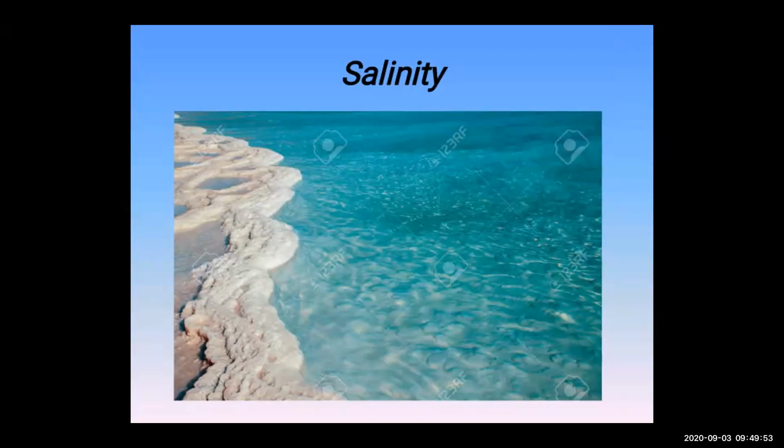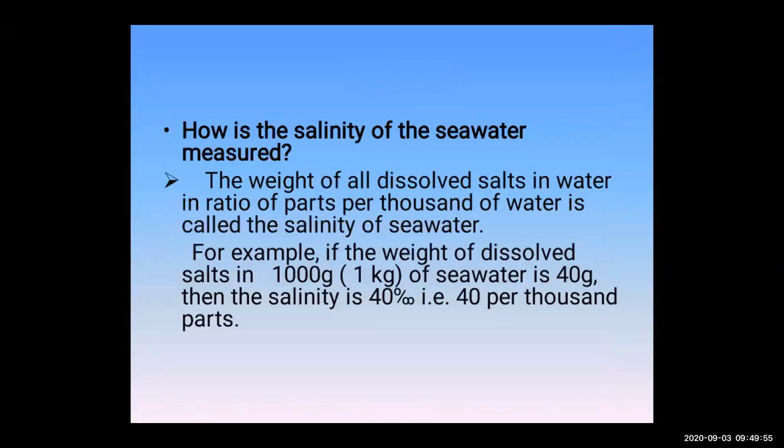Now, after this, we are going to see how the salinity of seawater is measured. The weight of all dissolved salts in water, in ratio of parts per thousand of water, is called the salinity of water.